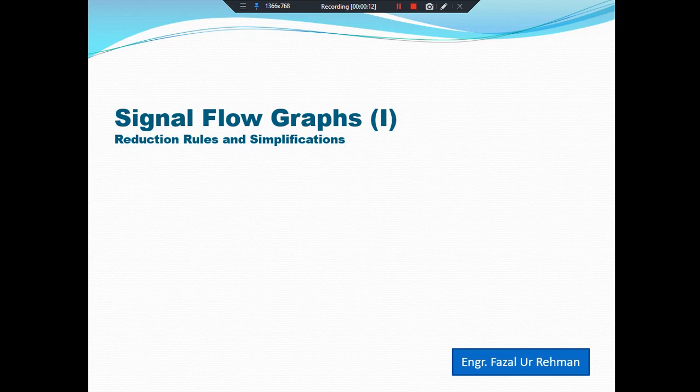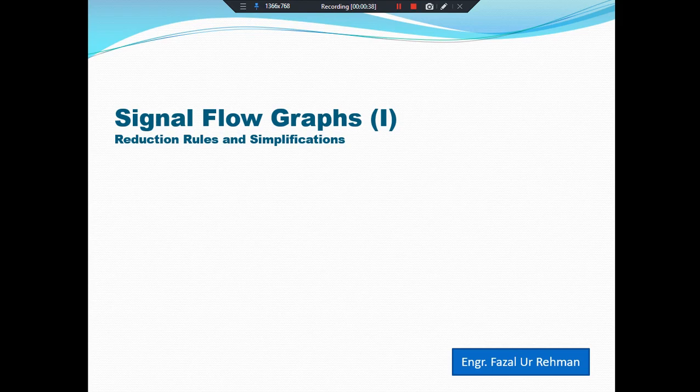Basically, signal flow graph is the alternate method to block diagram. Block diagram is also used for the reduction of a complex system into a single transfer function or a single block. Similarly, signal flow graph is used to simplify a transfer function into a single transfer function.